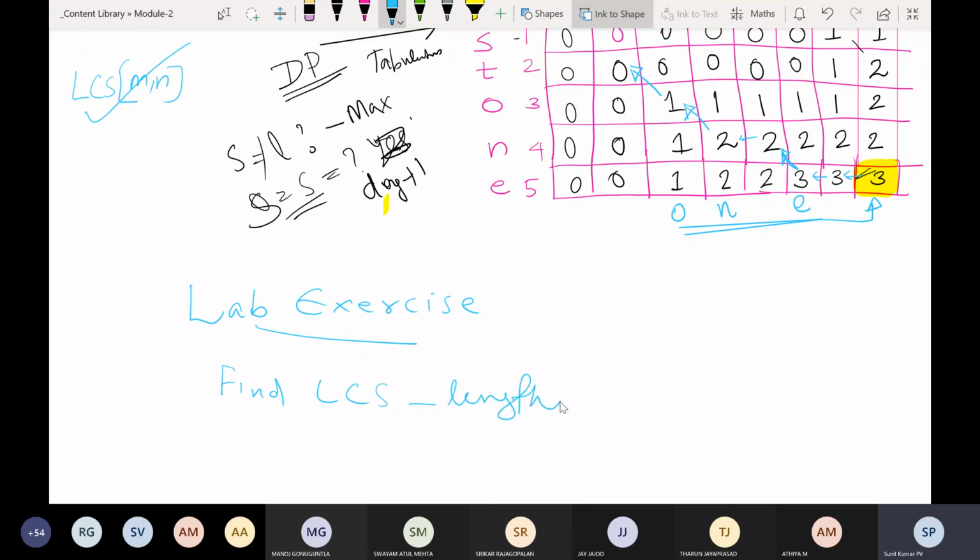This has to be found out. And if this LCS is equal to the length of the smallest sequence, then return yes.